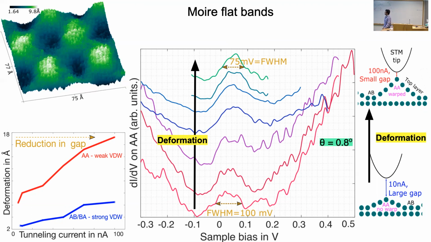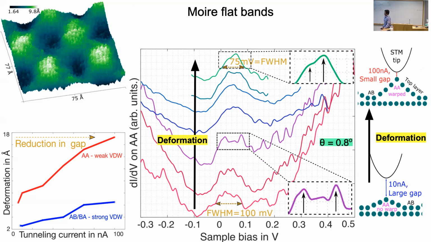It tells us that not just the mechanical domains are getting deformed, but the electronic bands are also changing structure. And there's an image that shows that this electronic band is formed by two peaks, and these two peaks have come closer to each other as a function of this deformation.